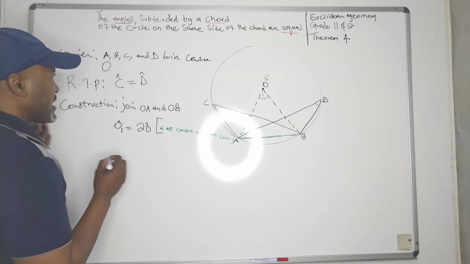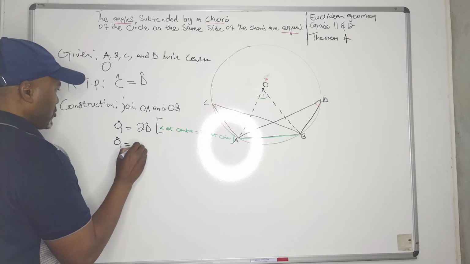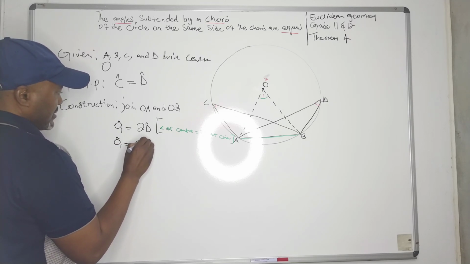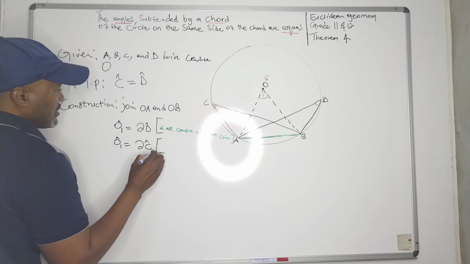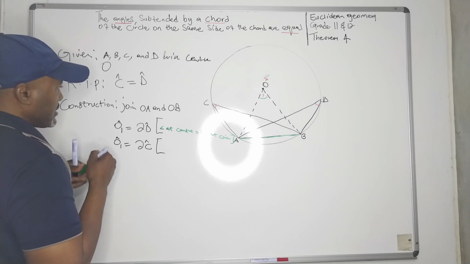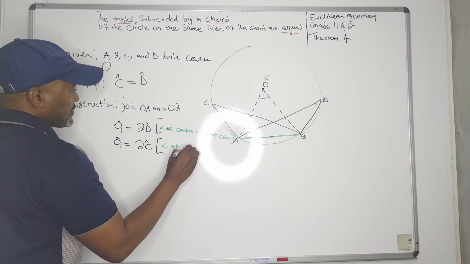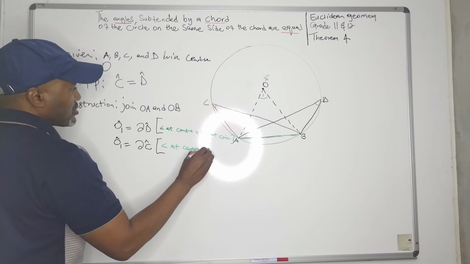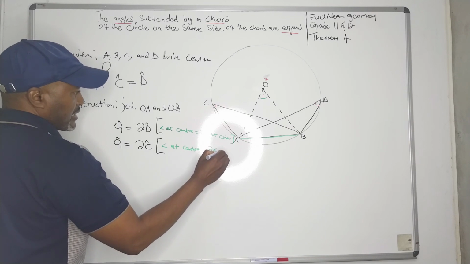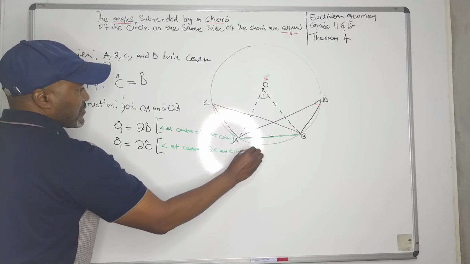So it means that O1 is equal to twice angle C. What is the reason? The reason is the same. Angle at center is equal to 2 times angle at circumference, right?